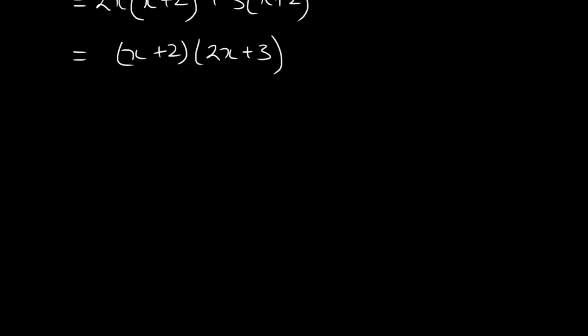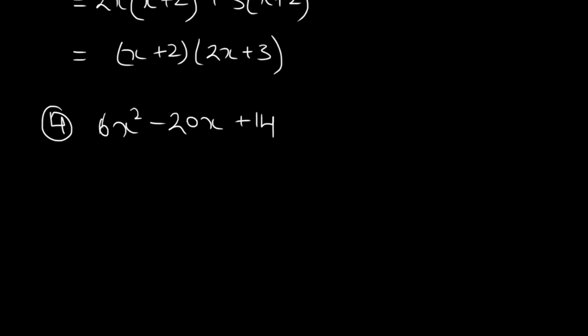Now we have one more example. So this one is 6x squared minus 20x plus 14. Okay, so on first glance, this actually looks pretty hefty. What we'll have to do is multiply 6 and 14 together to try to work out some of the factors that might work to give us 20.